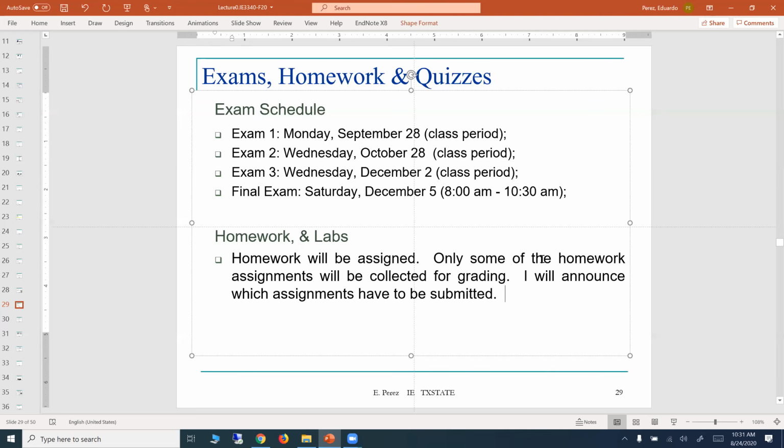Most likely I'm going to provide you with the solution, so you can try the assignment and then check with the solution whether or not you are doing the problems in the right way. But that particular assignment will not be submitted because I'm going to be giving you the solution from the beginning. So that's what I'm referring to with this instruction here.